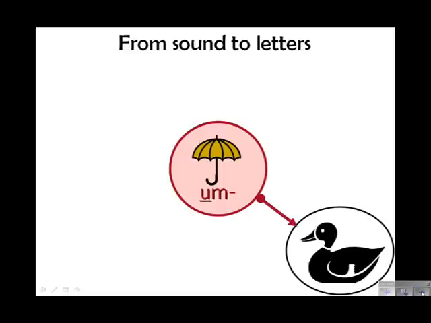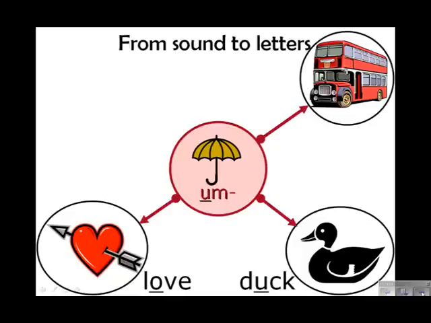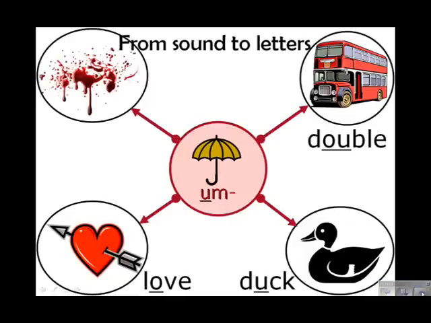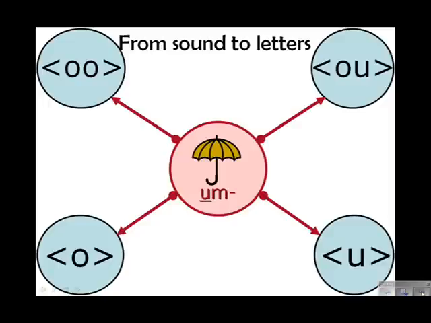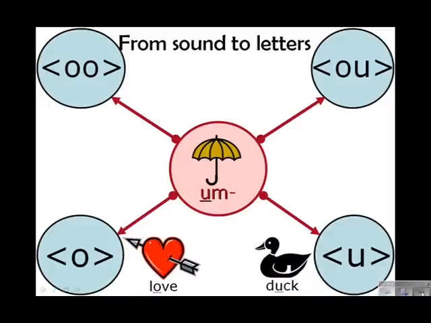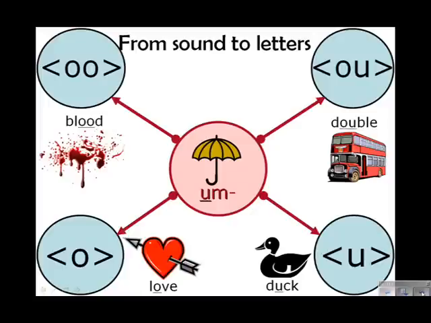We have duck, sharing the same spelling of U with umbrella, but also love, and also double and blood. 4 words with 4 different spellings: U for duck, O for love, OU for double, and double O for blood, that share the same sound.